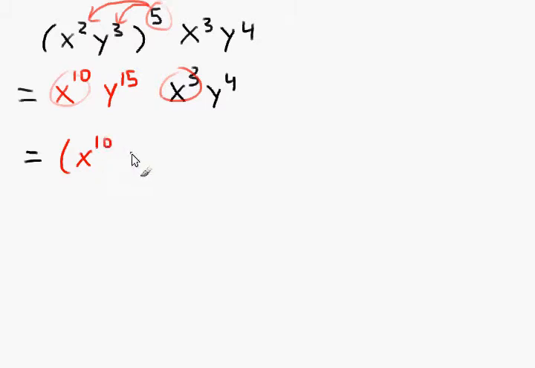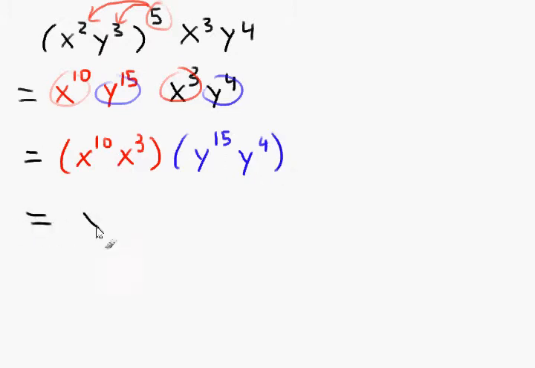x to the 10th times x cubed, and group our y's together. Y to the 15th, y to the 4th. Now we'll just add these exponents, and we'll have x to the 13th times y to the 19th.